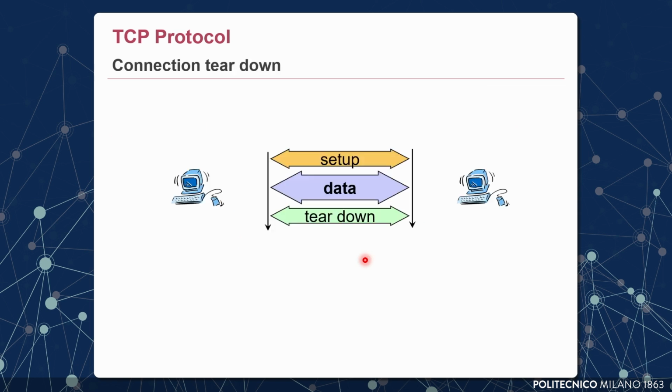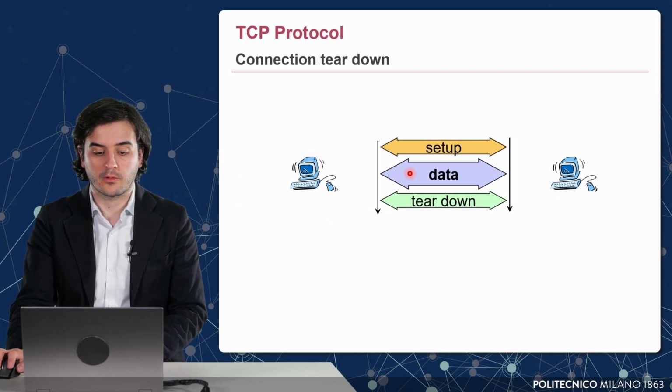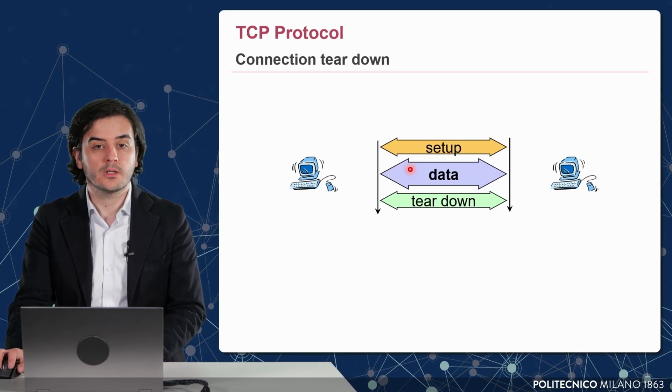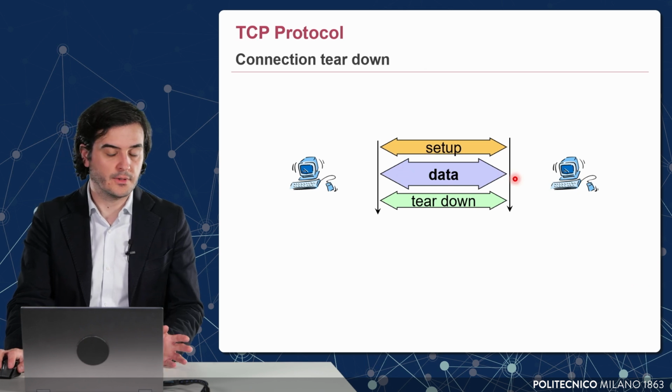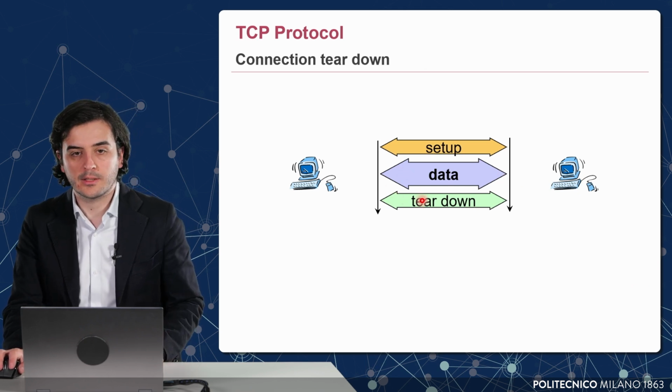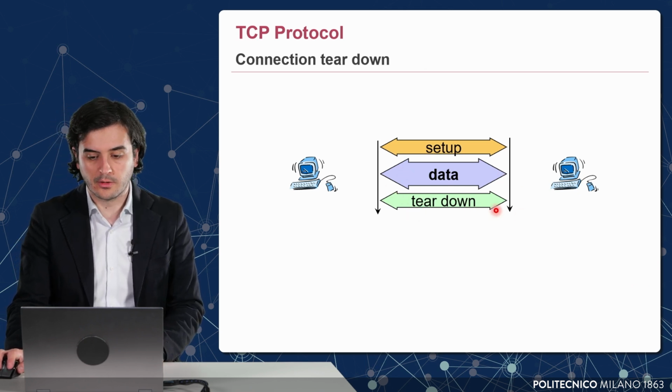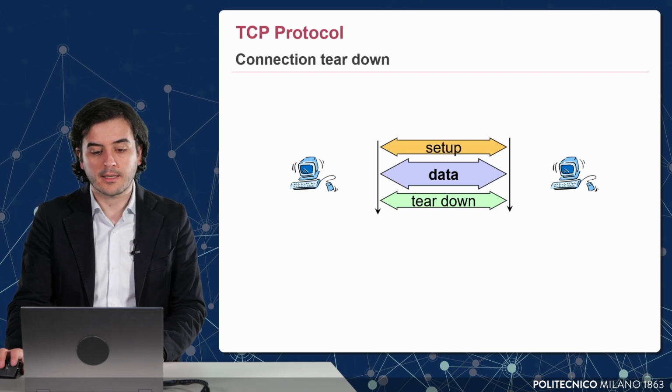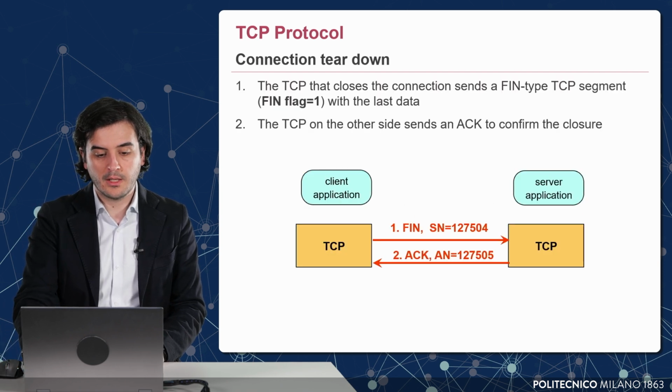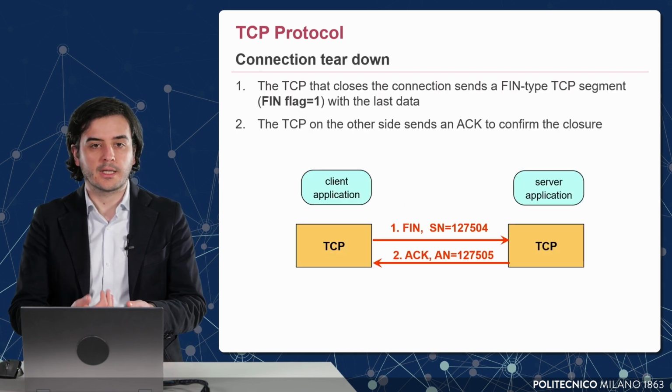So once this has finished, the data can then be sent from the client to the server or vice versa. And once the data sending finishes, the next step is the termination, or the teardown, of the connection. The logic is again the same.